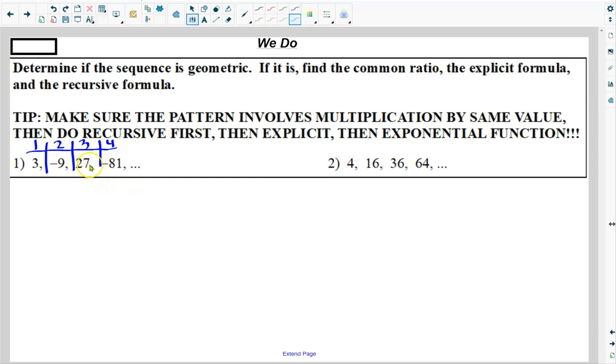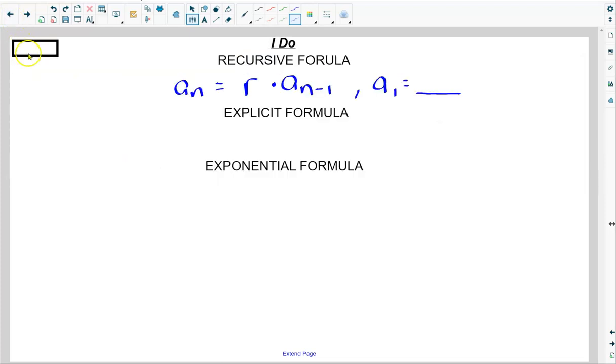We can call those positions N: position 1, 2, 3, 4. And this one over here we can call A N. Why? Because there's an actual value in position 1, which is a 3. In position 2, there's an actual value, -9, and so on and so forth.